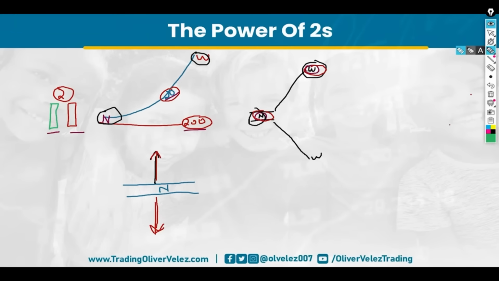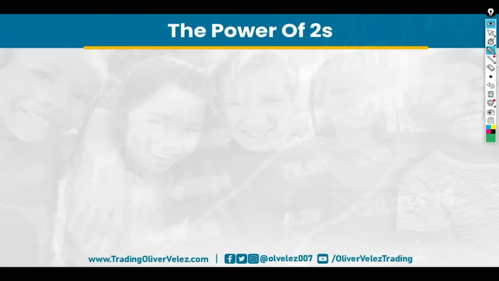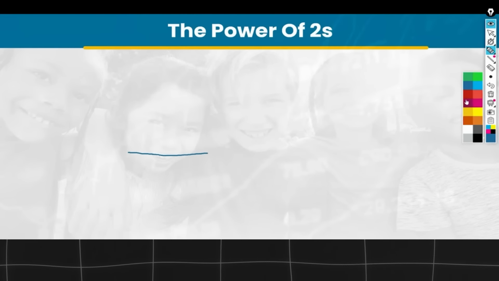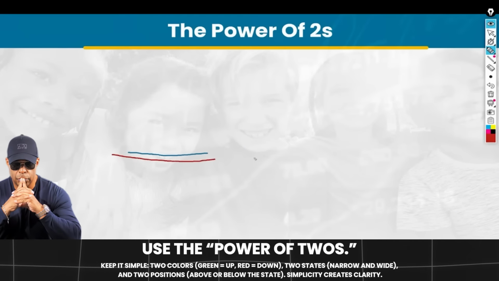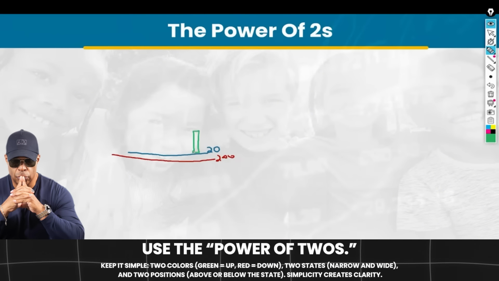What if you get a green bar above a narrow state, like that? What are the odds? Think about it. Here is the narrow state. Let's draw it again. That's the 20-period moving average. Here's the 200-period moving average. Green bar above the narrow state.